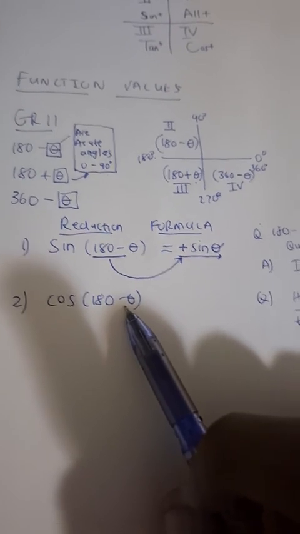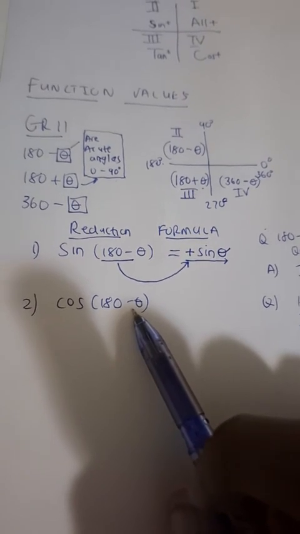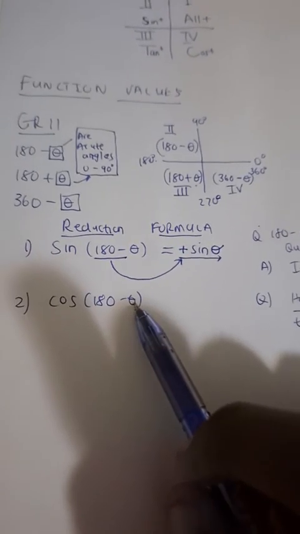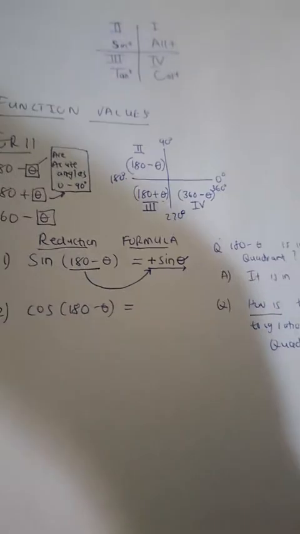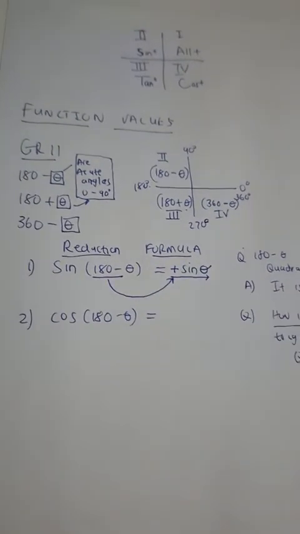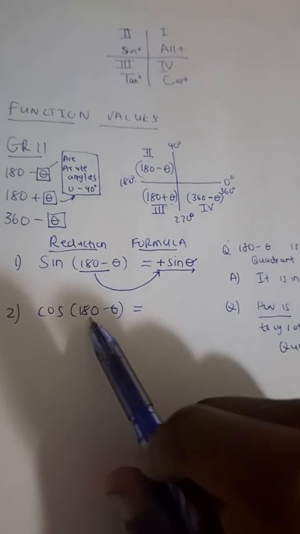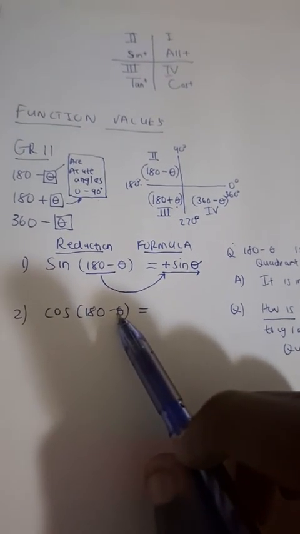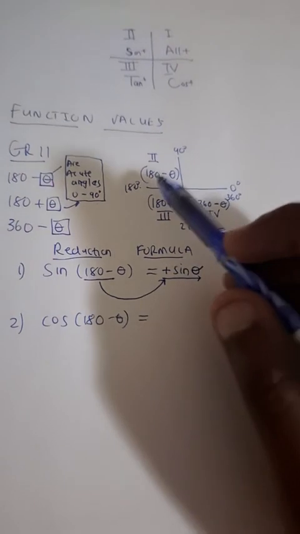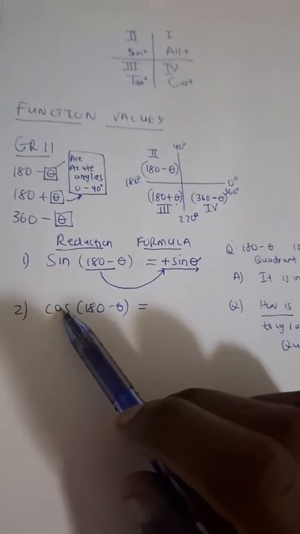That's the first thing. 180 minus theta is in the second quadrant. In the second quadrant, guys, how is cos? Is it positive or negative? Remember, we asked 180 minus theta is in which quadrant, and we said the second quadrant. How is cos in the second quadrant?